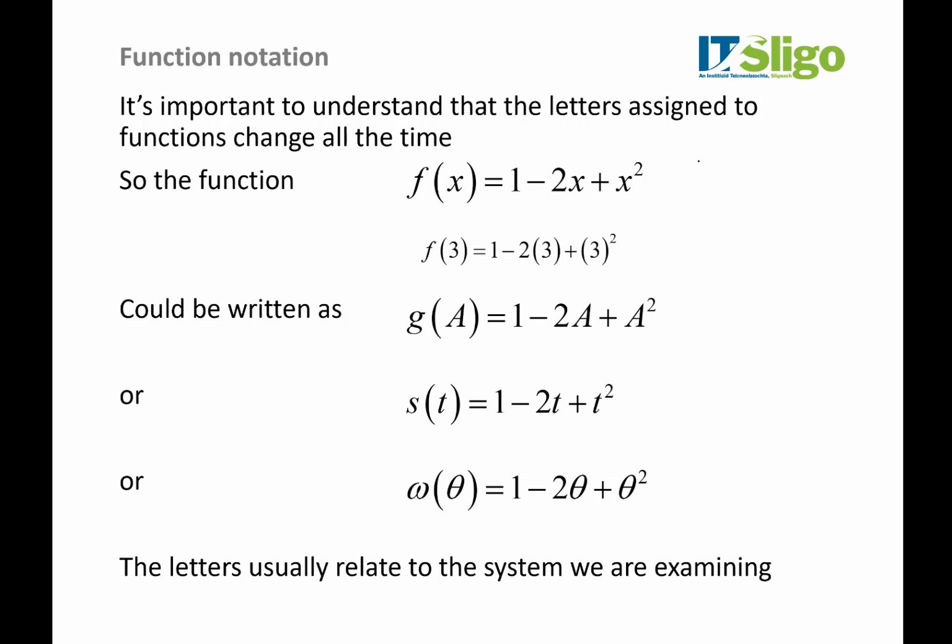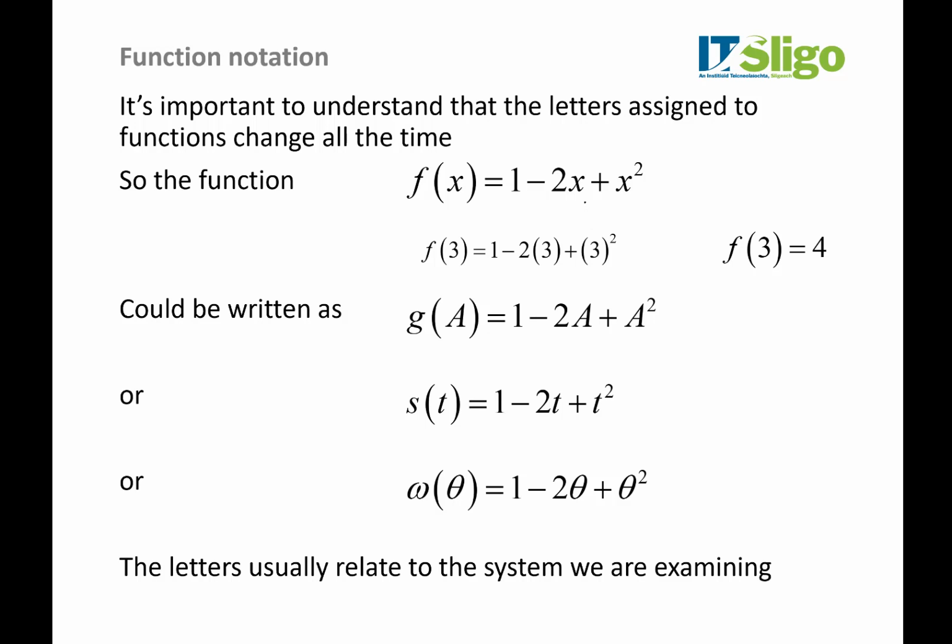So if we're interested in, well, when my input is 3, what happens to my output? We would put it in like this, replace all the x's with 3's. And when you work that out, guys, this is 1 minus 6 plus 9. So that's 10 minus 6. Our answer is 4.